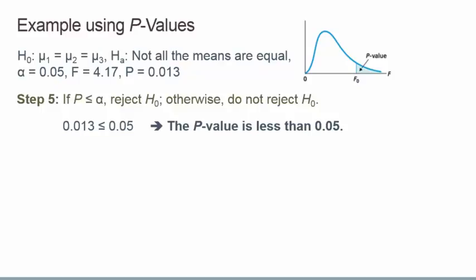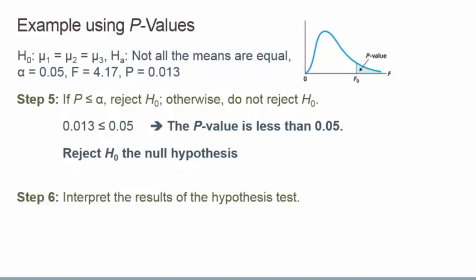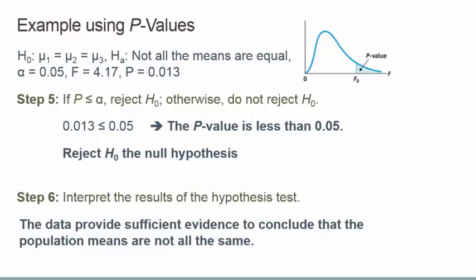The p-value is less than 0.05. Reject h sub 0, the null hypothesis. Step 6. Interpret the results of the hypothesis test. The data provide sufficient evidence to conclude that the population means are not all the same.